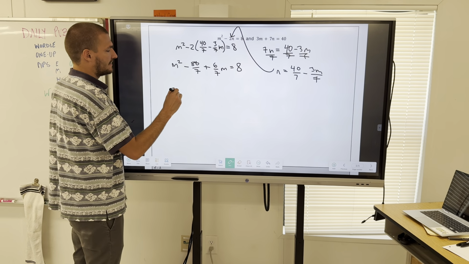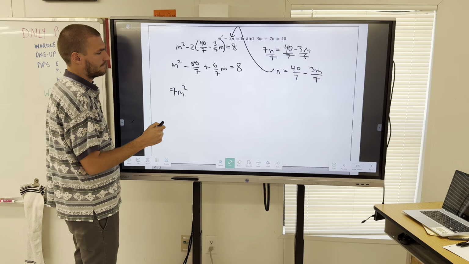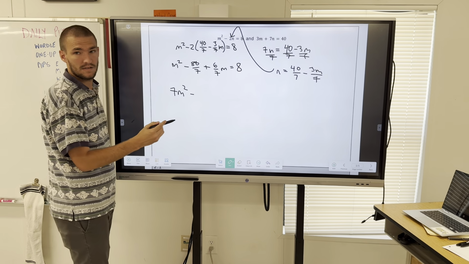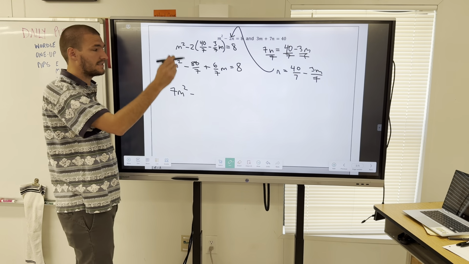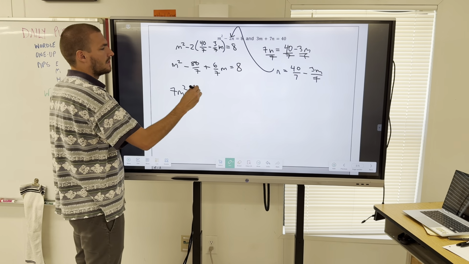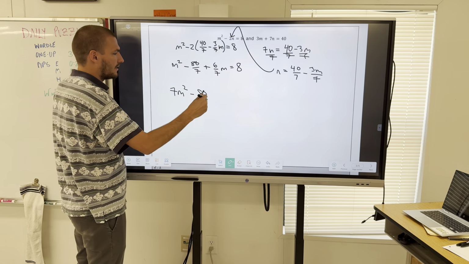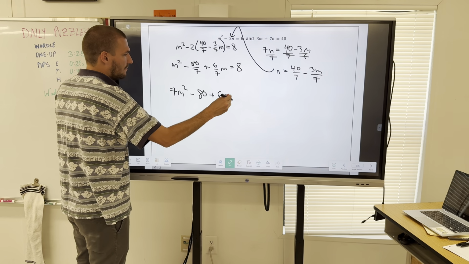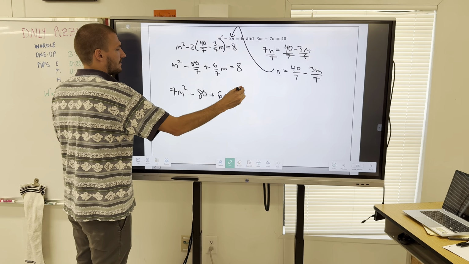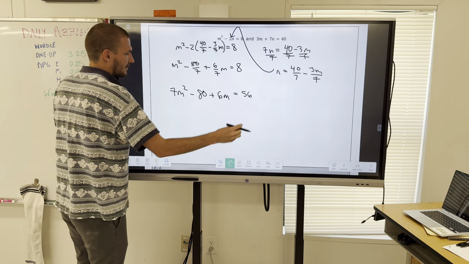This would be 7m squared. This would be 80, 7 on the top, 7 on the bottom, 7 is crossed out, 80. This would be 6 with a 7 on top and a 7 on the bottom. That would be 6m. And what's 8 times 7? 56. He's quick.